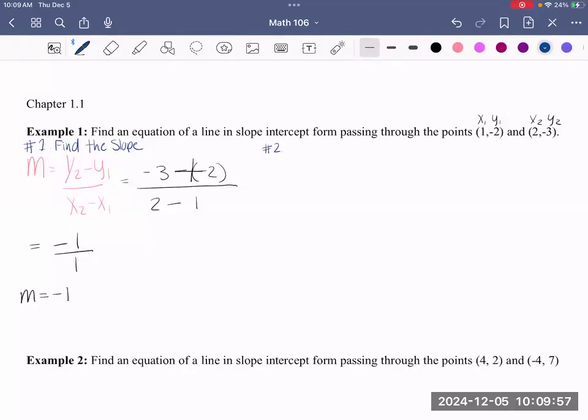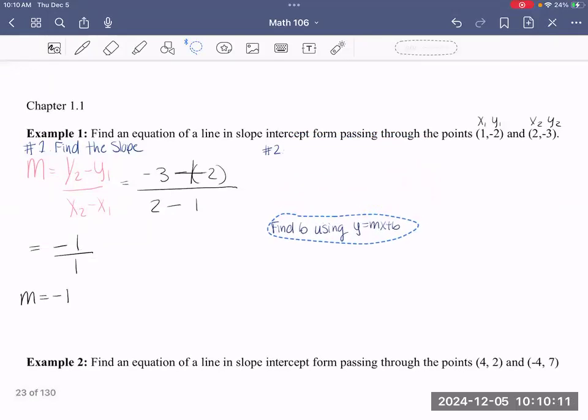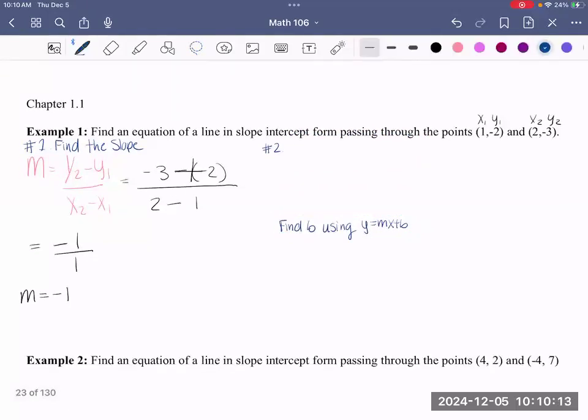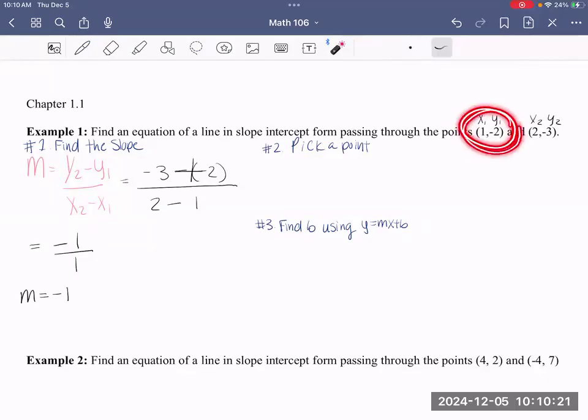The only equation that we have is y equals mx plus b, to find b. Between your 2 points, which one do you like better? Let's choose the point 1, -2.